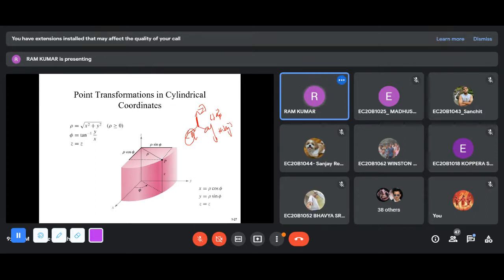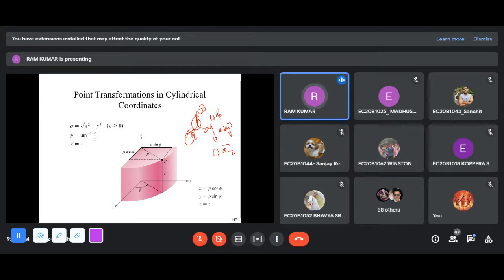Similarly, some value in z is also there. Just to understand the concept, if there is some z component, we represent it as some value times the a_z vector. It means this is the component along the x-axis, this is the component along the y-axis, and this is the component along the z-axis due to the line charge.